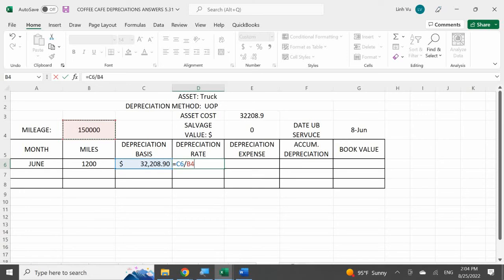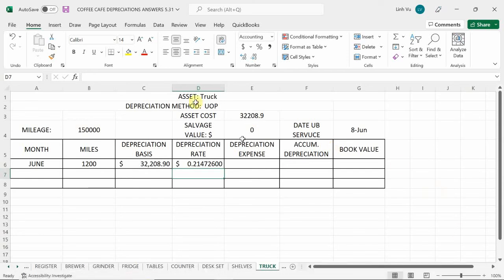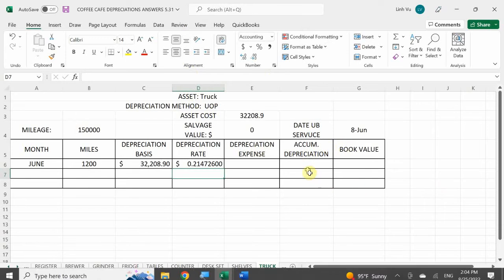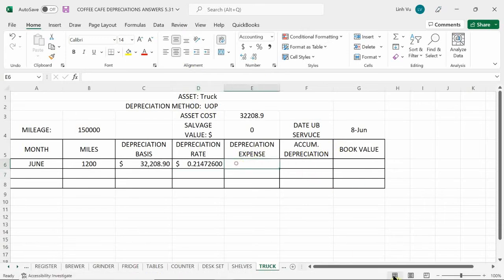Out of all 150,000 miles, I need to know the price for every single mile that I drive. So in this case, I get 0.2147260.